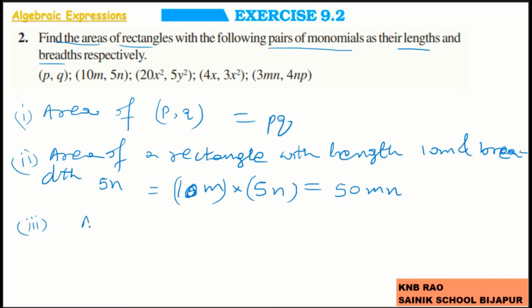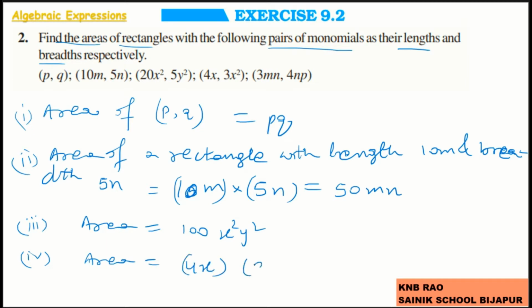In the third, area will be 25 into 100, x square into y square becomes x square y square. In the fourth one, 4x into 3x square becomes 12x cube.